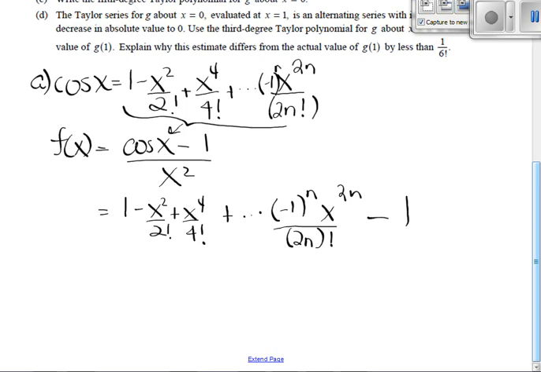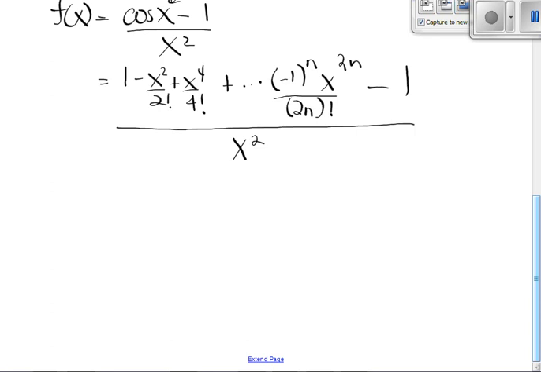And then we're going to divide by x squared. Why do we subtract? Because it says so. Okay, so what happens to the 1s? They cancel. And then you're going to divide every term by x squared. So it's minus 1/2 plus x squared over 4 factorial.